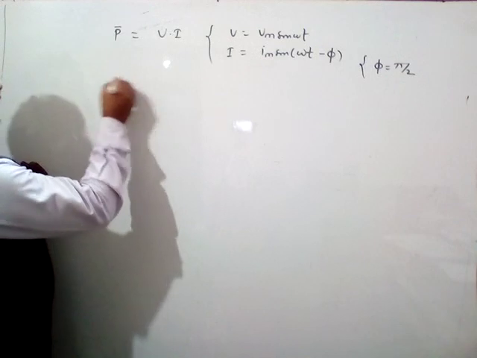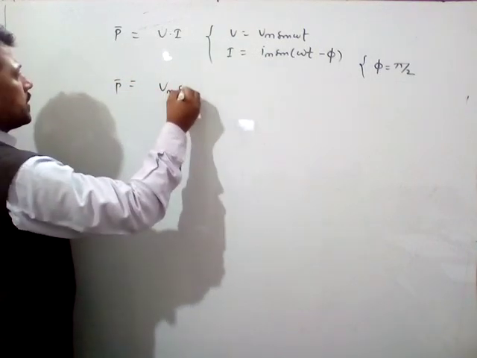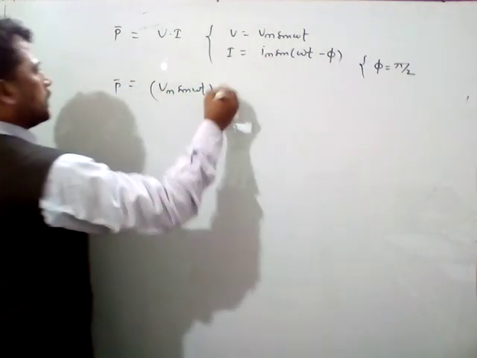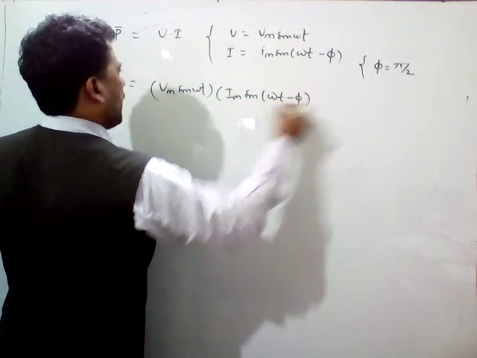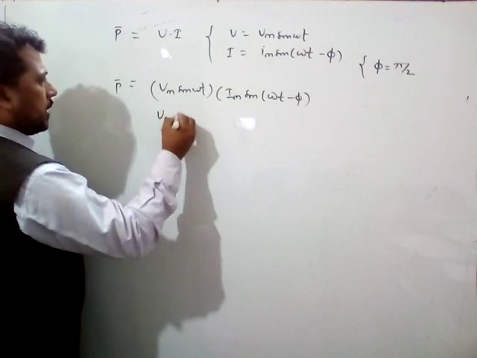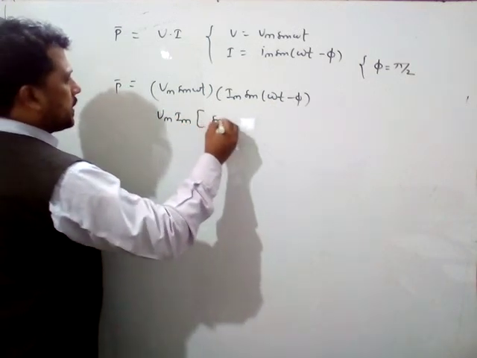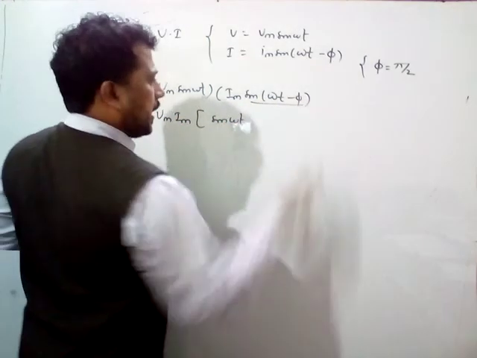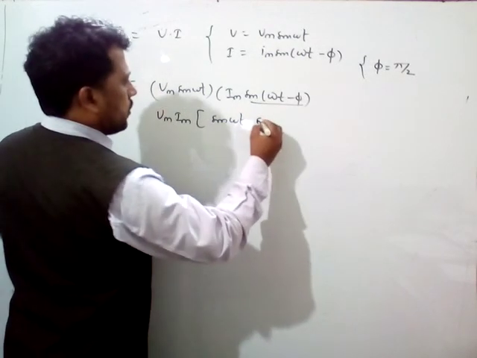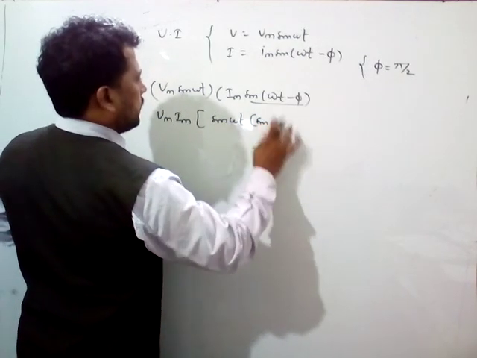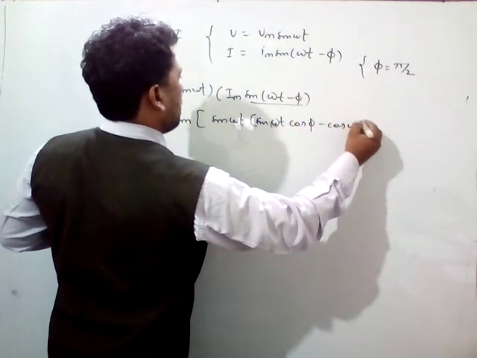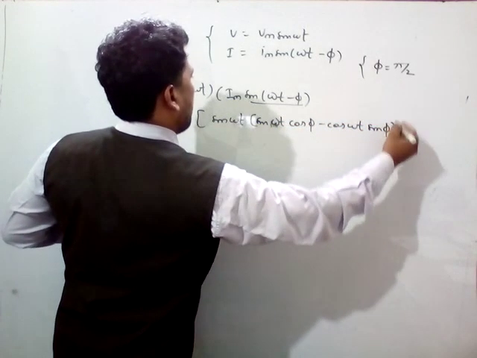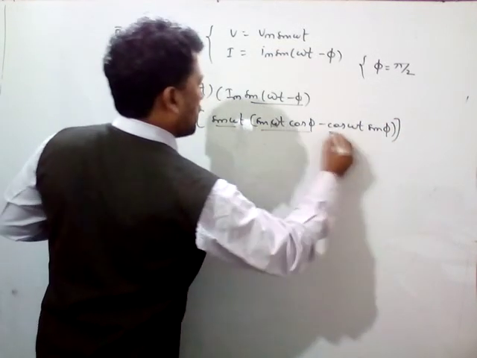So power is equal to Vm sin omega t, Im sin omega t minus phi. So we can write it Vm Im sin omega t, and open this using sin A minus B, so sin A cos B minus cos A sin B, and multiply it in both terms.